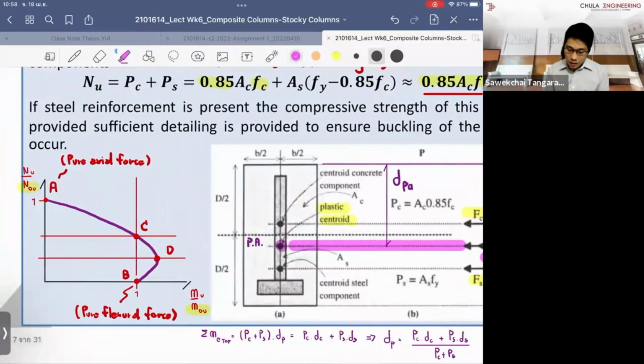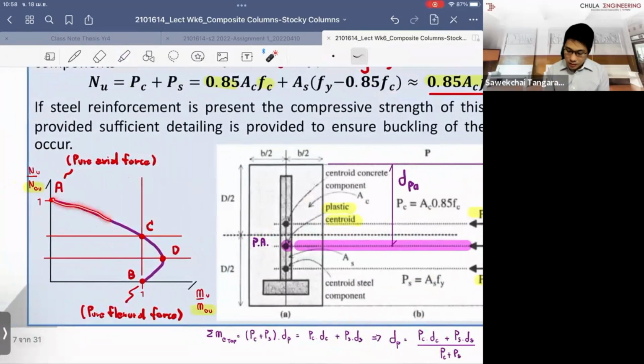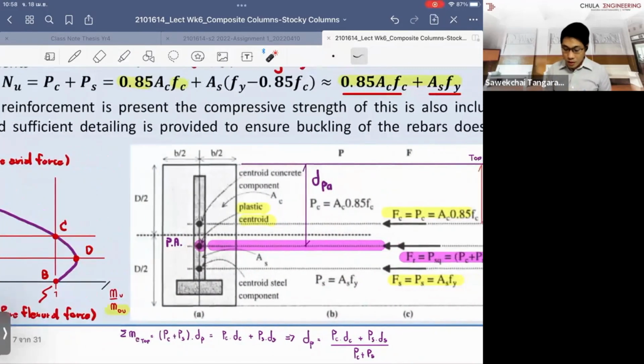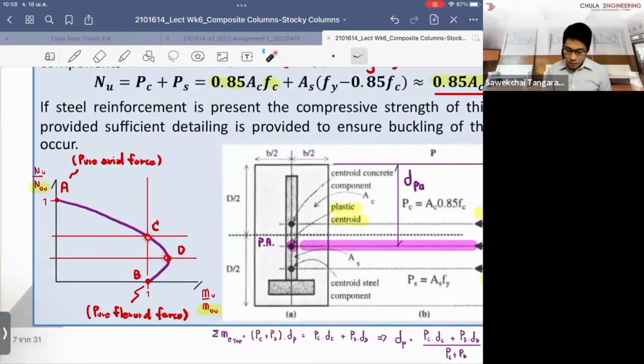When we calculate the interaction diagram, the axial force must apply at the plastic centroid only, and the bending moment just makes a couple moment about the plastic centroid.